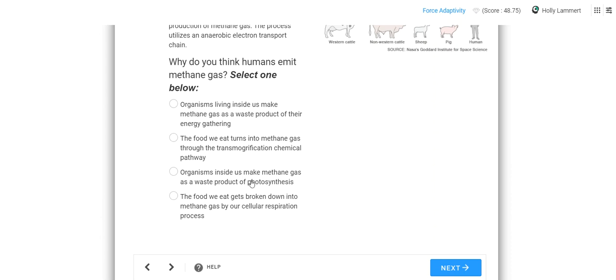So that would imply that we have organisms that can use the sun to make food, and that's not true. Although that would be really cool. But the food we eat gets broken down into methane gas by our cellular respiration process.